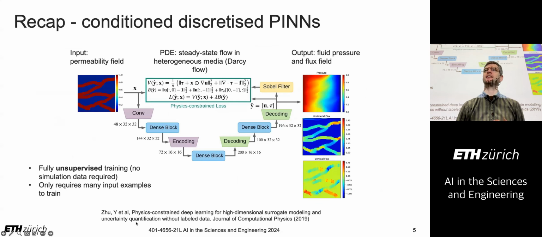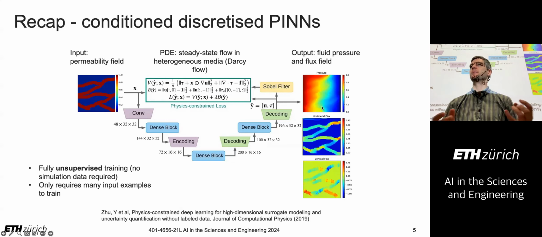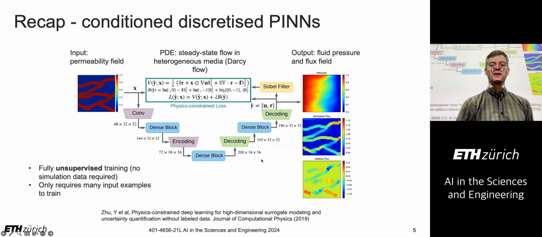So you don't need any training data to train the surrogate model. All you need to know is what the underlying differential equation is. It needs to satisfy it, and lots of examples of inputs like initial conditions of the system. And it will learn to simulate just through this learning process and minimizing our PDE residual. So that's the big advantage of these methods.